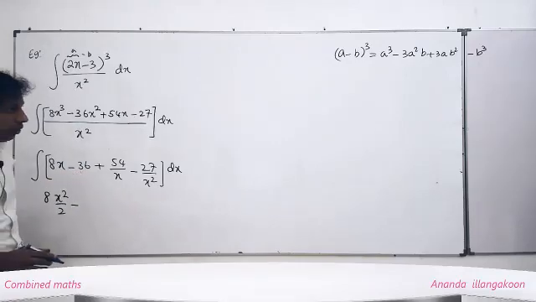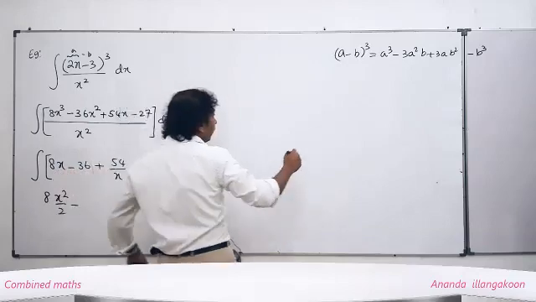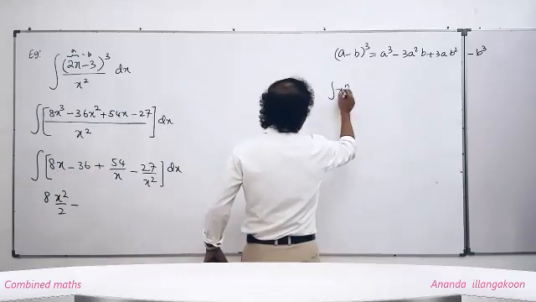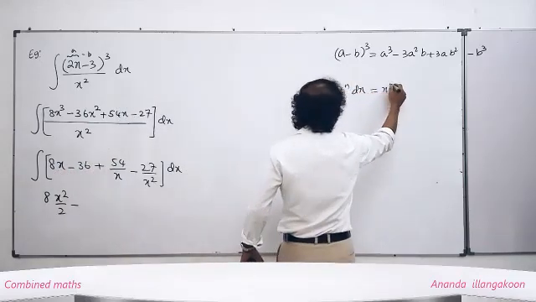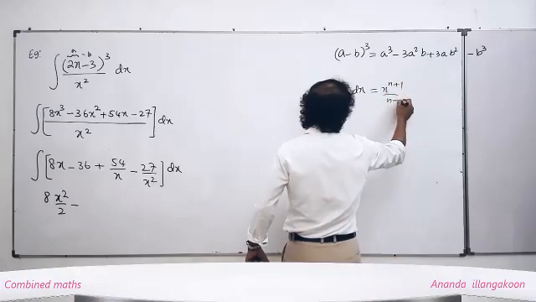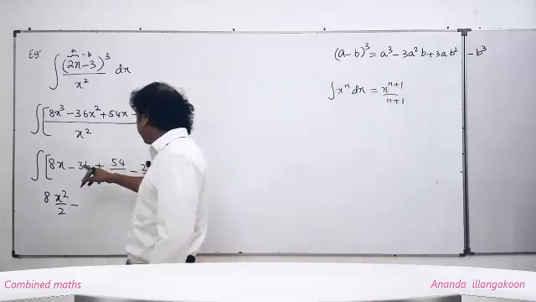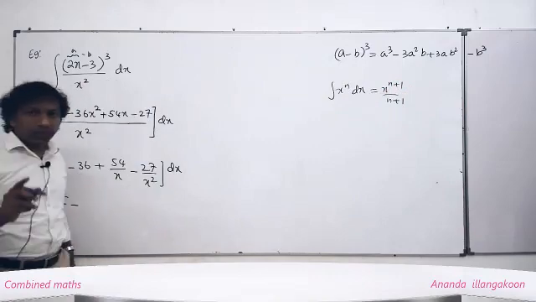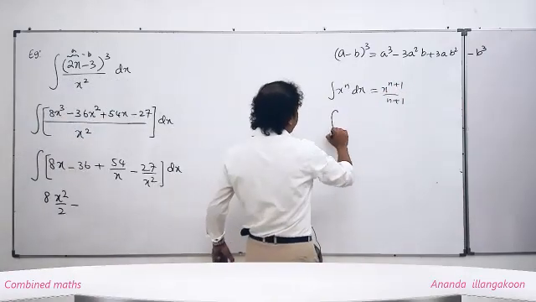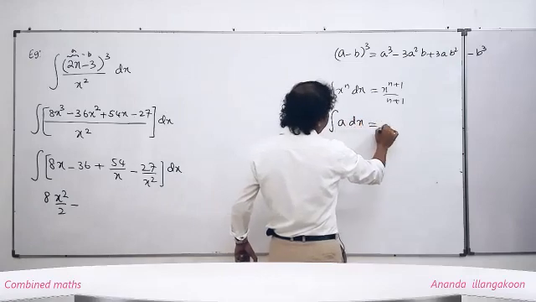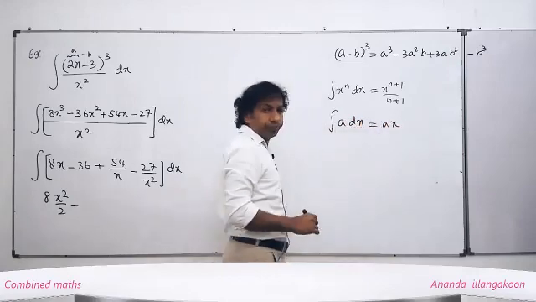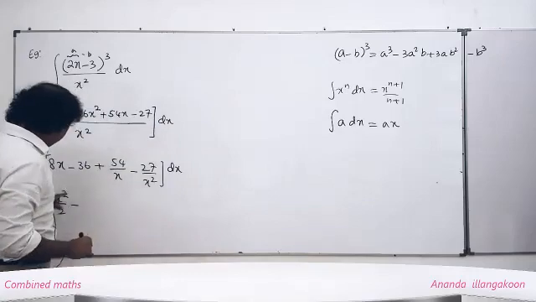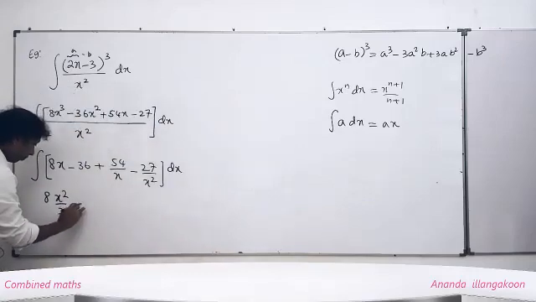Using what we learned now, people, for this one, the integral of x to the power n we know: x to the power n plus 1 divided by n plus 1. Then applying that, you can write here x to the power 1, 1 plus 1, 2, x squared by 2. Right? 36. You can remember, today we learned the integral of a dx. What is the answer? Ax. Then here we get minus 36x.